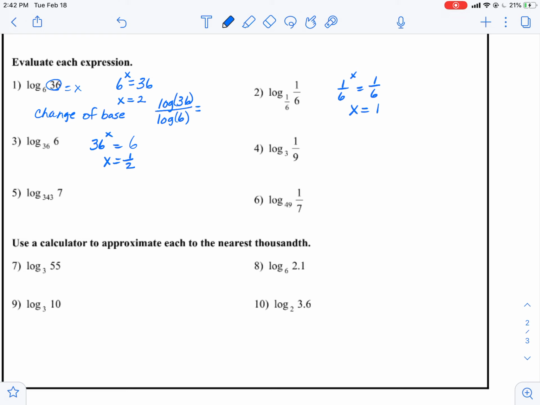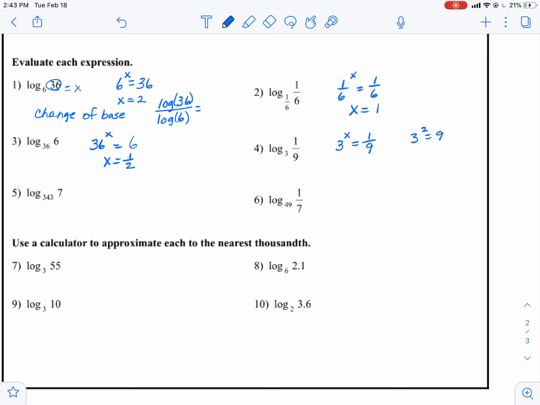Our next one, okay, 3 to what power would be 1/9? Okay, now we know that 3 squared is 9. Okay, let me write that down. 3 squared is 9, but I need 1/9. And remember, the rule to make it from a 9 to a 1/9 is the negative.